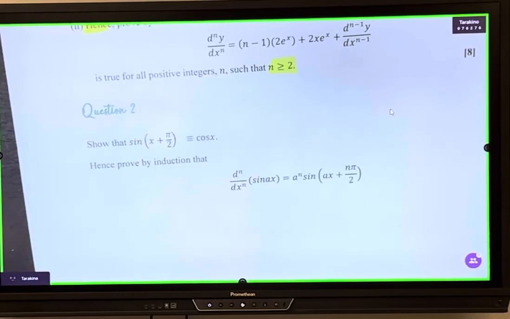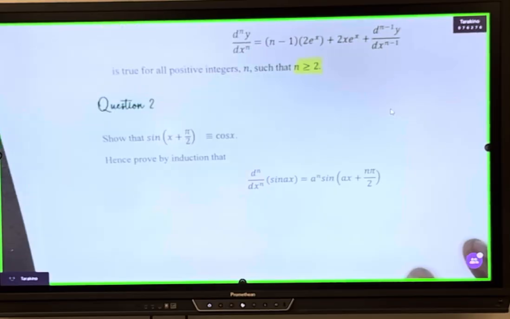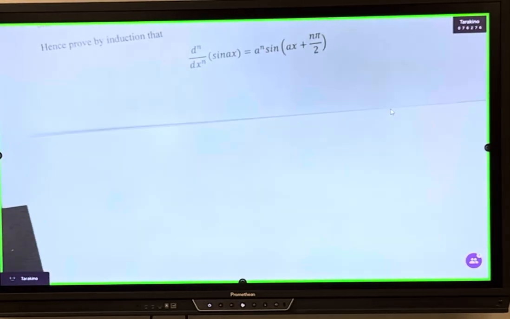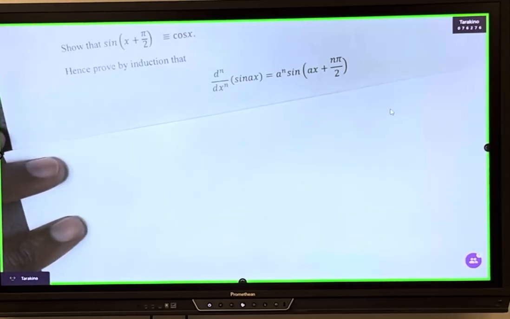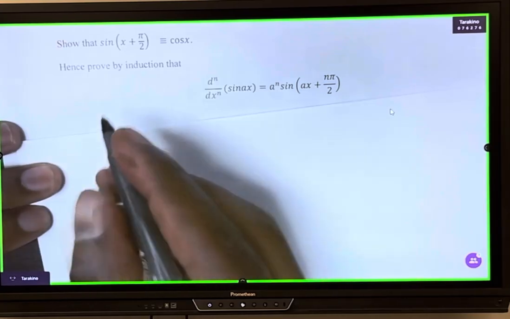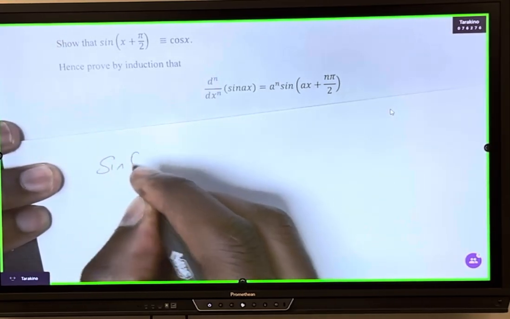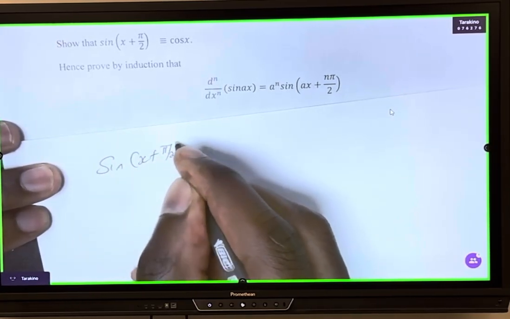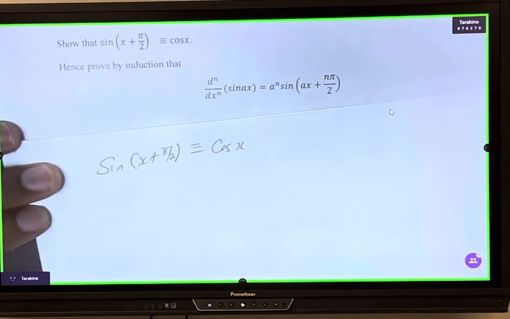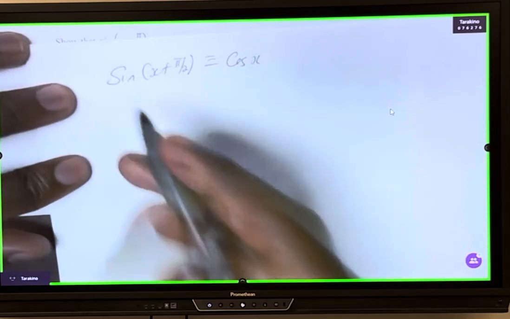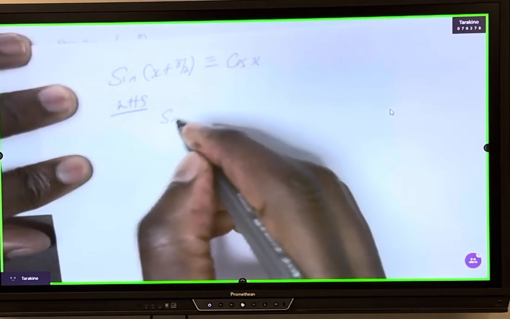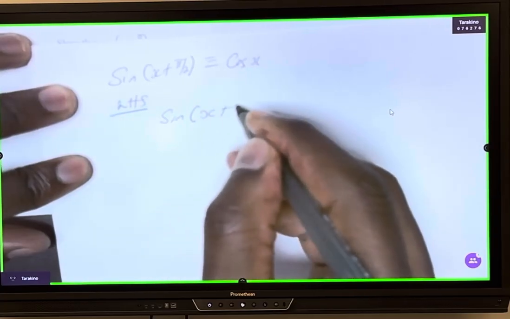Okay, so remember the first step, guys, is to prove that identity. So we want to show that sine of x plus pi over 2 is identical to cosine x. When you prove, you come from one side. So my left hand side is sine of x plus pi over 2.